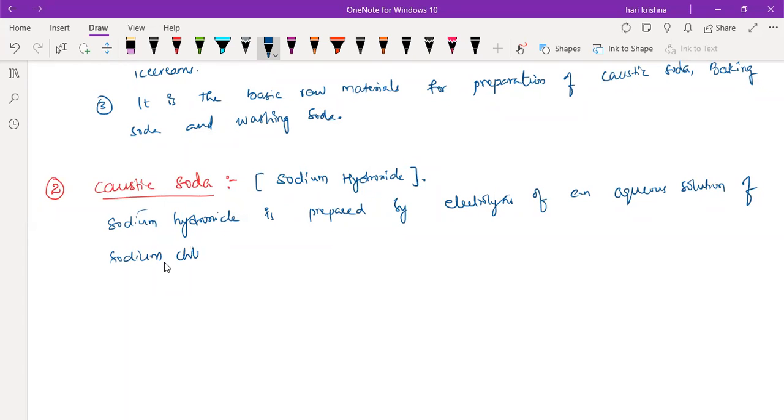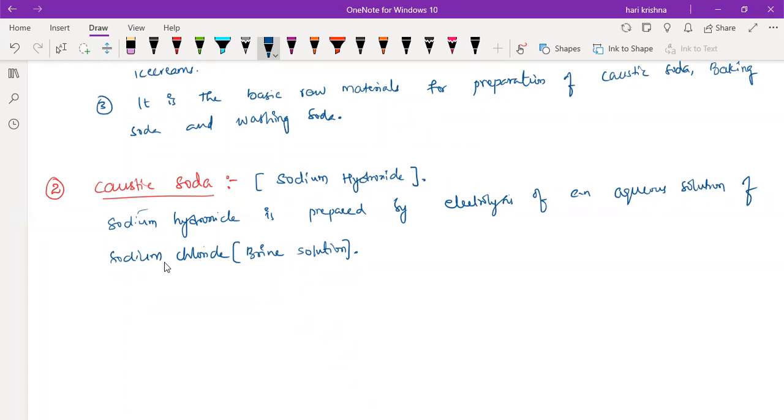Brine, BRINE. So brine solution is nothing but the aqueous solution of sodium chloride. Simple. When you add NaCl salt in water, it will form the brine solution. So when you electrolyze the brine solution, you'll get sodium hydroxide.